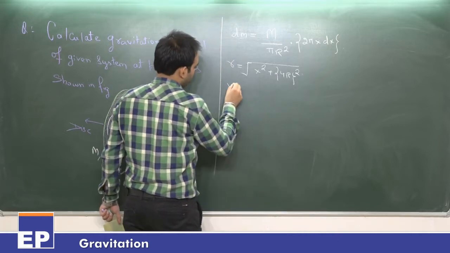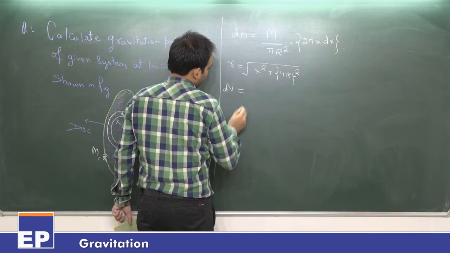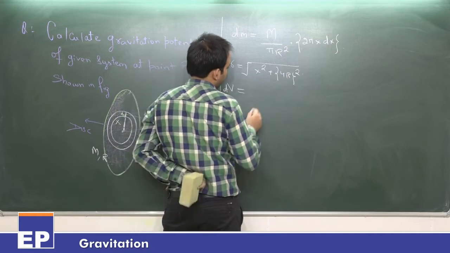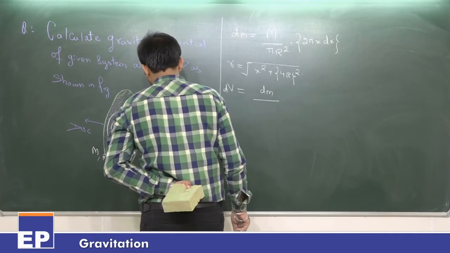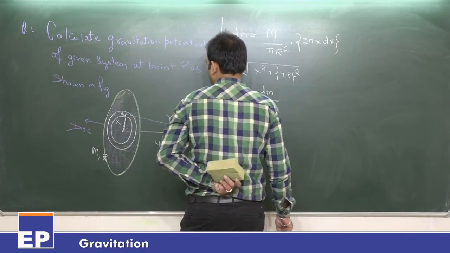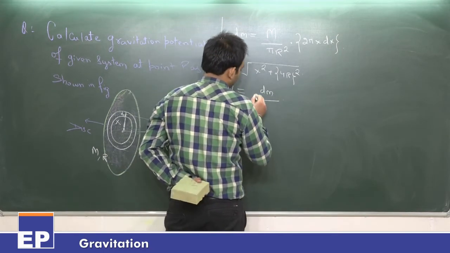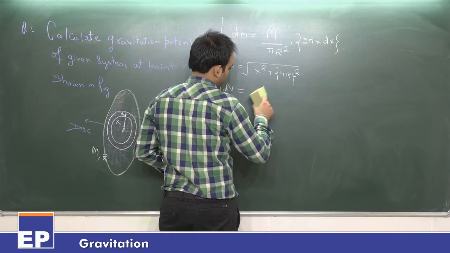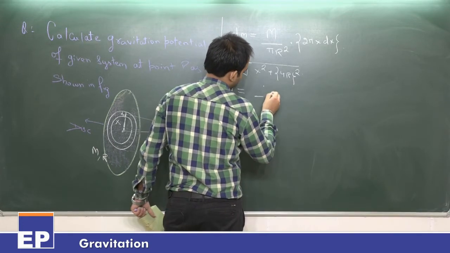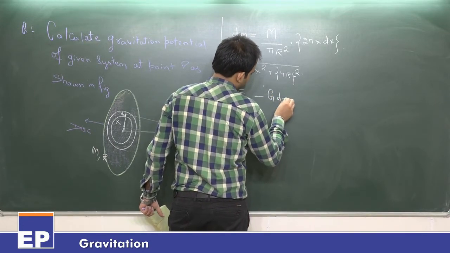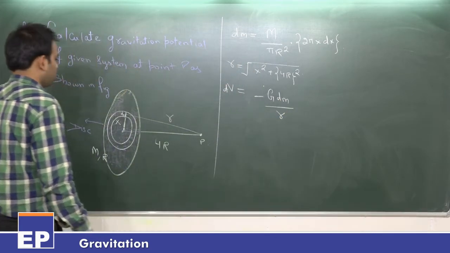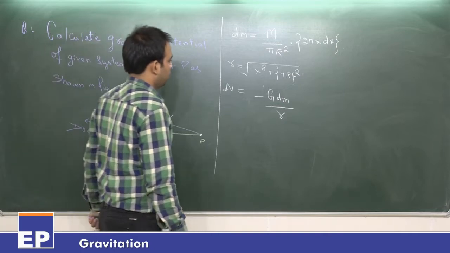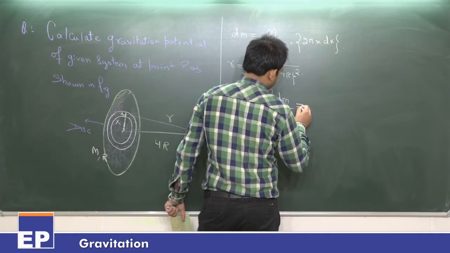So potential at point P, that is dV, it is due to dm. So dm by the distance, a constant distance for the whole mass. So minus of G into dm by small r. And what is r? r is this much.